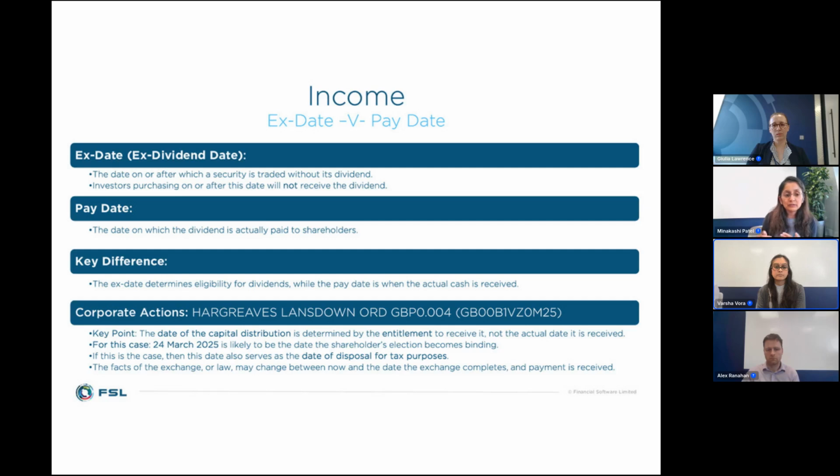In this case, they said that the entitlement was on the 24th of March 2025. So you would think it would hit this tax year, but actually it's not due to pay until next tax year. So that's a corporate action of a capital distribution that, although it will potentially go this side of the tax year, is not scheduled to be reported until the following tax year.